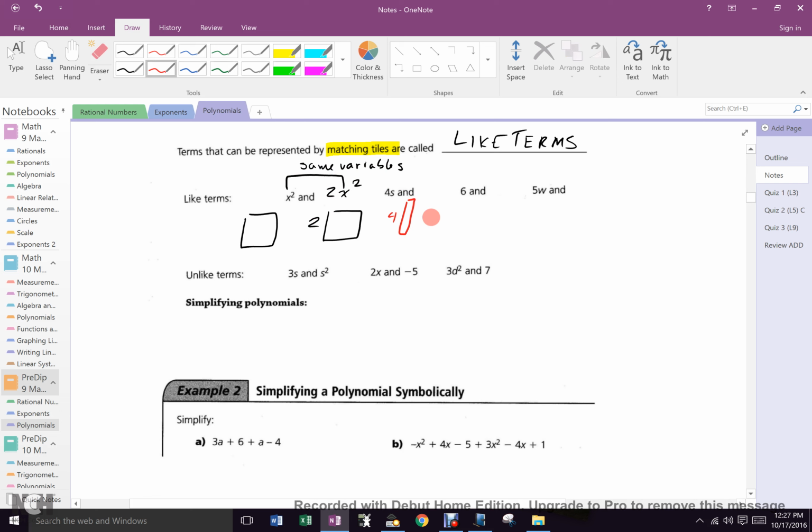And what could I put here? 17 unshaded bars. I could put shaded bars because they are the same tile. It doesn't matter if it's colored or not. It's the same tile. So this would be negative 17x.